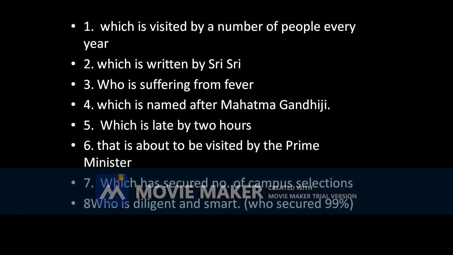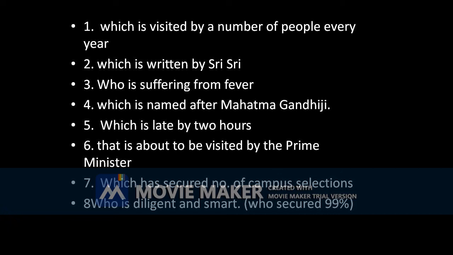Now come to the sixth one. The place dash has been closed to traffic. The Prime Minister is visiting that area, so the traffic is closed. So how do I combine it? I combine it by using that.